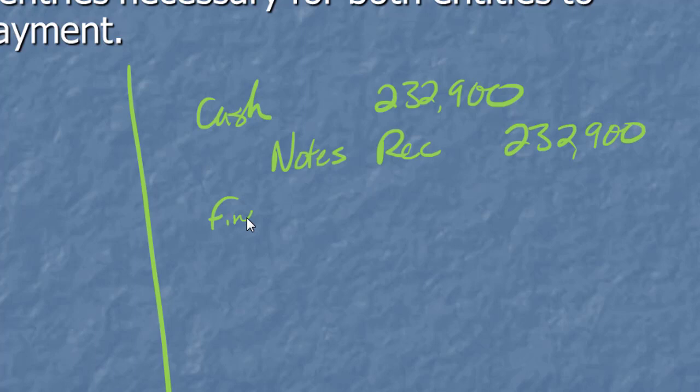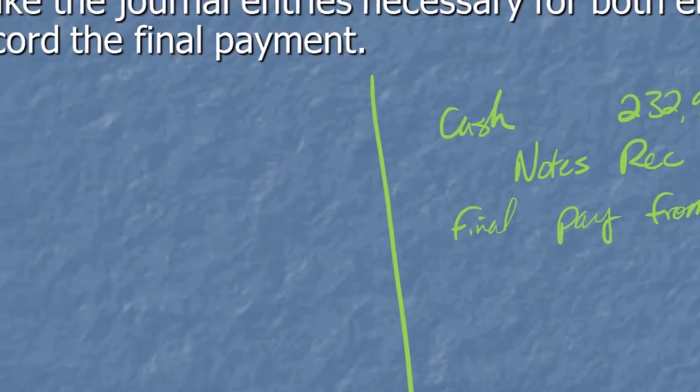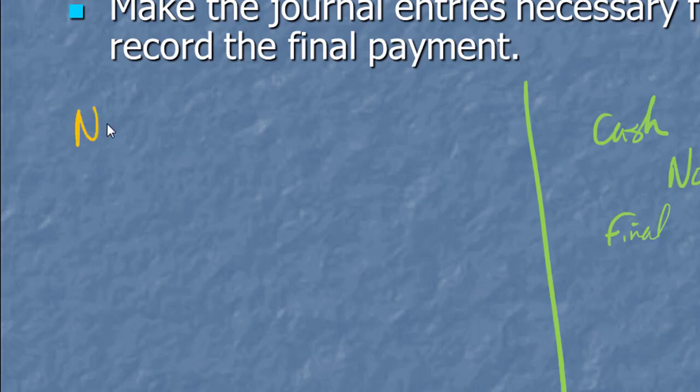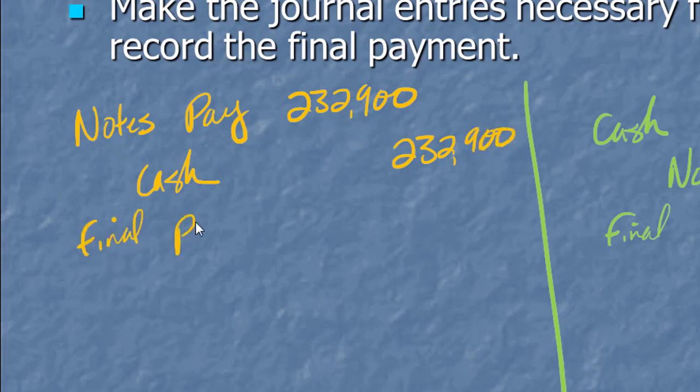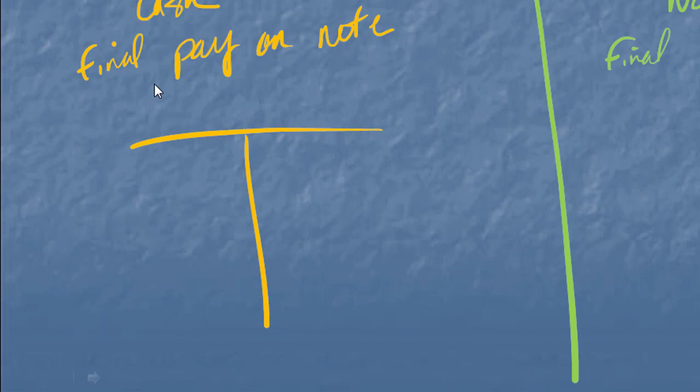This is the final payment from Jones. And for Jones, it'll look exactly the opposite: a note payable for $232,900 and cash. Payment on note.